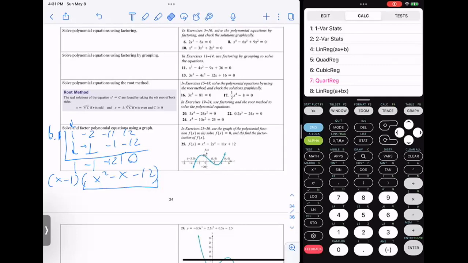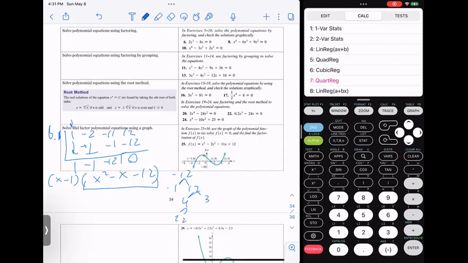Start with whatever the factors are. We'll say -12. Sorry. 4 and 3.